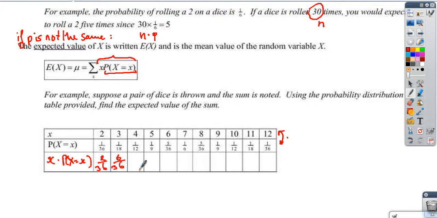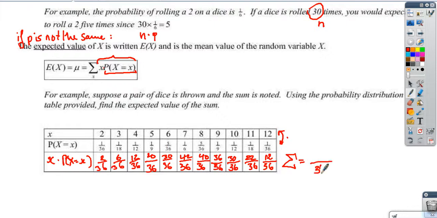Please pause the video now and complete this for yourselves. So here we go. Hopefully you have something similar to this. I've kept every fraction out of 36 because now it's easy to sum everything up. Can you pause again? Sum all the numerators and divide by 36. Please do that now.